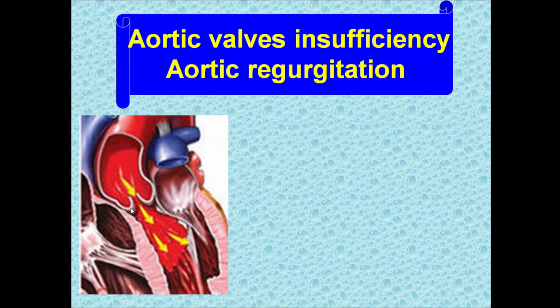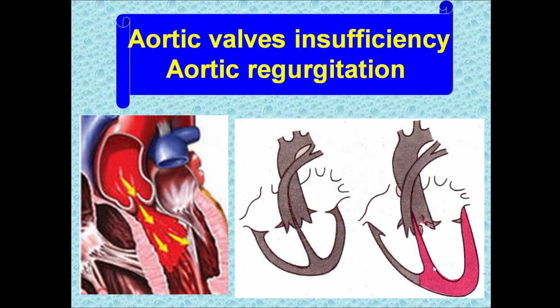We remember that during diastolic period, atrioventricular orifice is open, semilunar valve closed to prevent abnormal blood flow, regurgitation. As a result, if we compare with norm when the blood goes only into the left ventricle, in aortic regurgitation, some blood comes back into the left ventricle from the aorta.